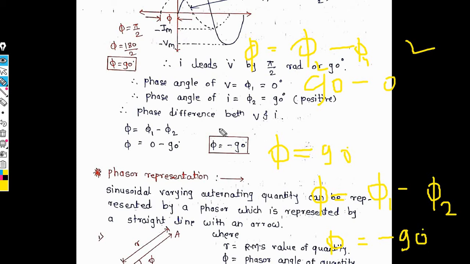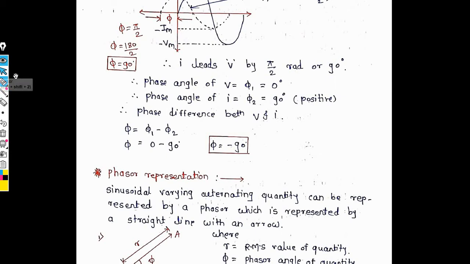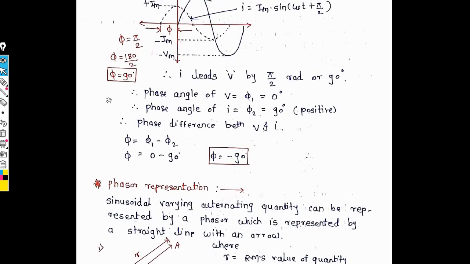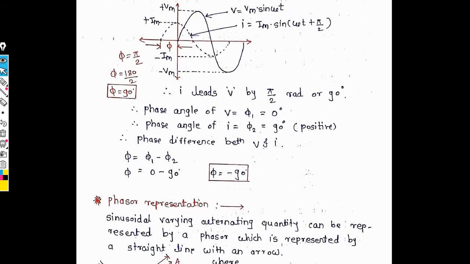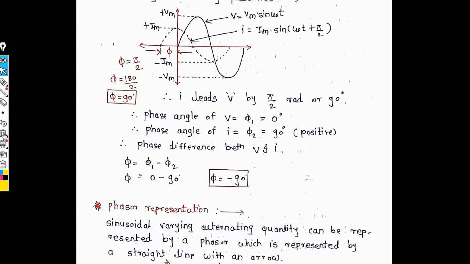Now in the waveform we have to explain the difference between phi 1 minus phi 2 and phi 2 minus phi 1. Initially we considered the voltage waveform at 0 degree and the current waveform at 90 degree. Then with phi 1 minus phi 2 we obtain a negative angle, minus 90.